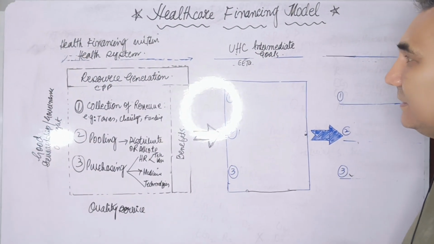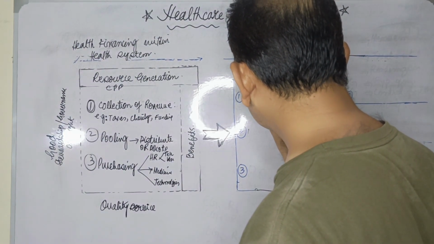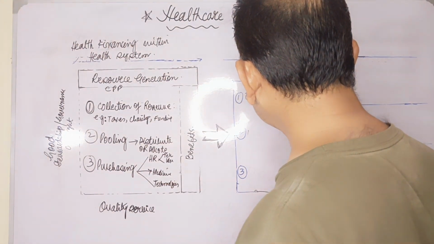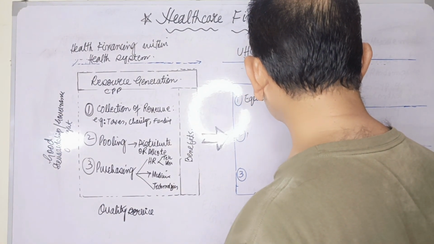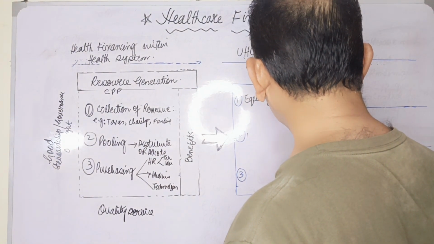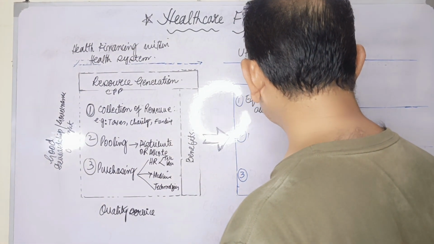Now, what is ETTA? The first one is equity of resource allocation, or you can say distribution.